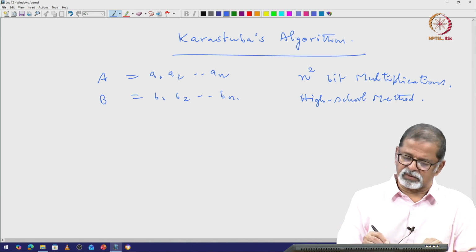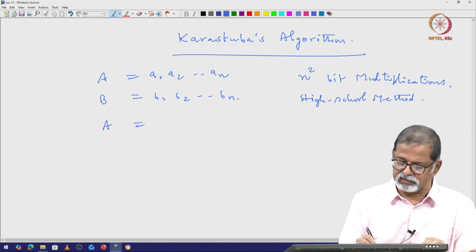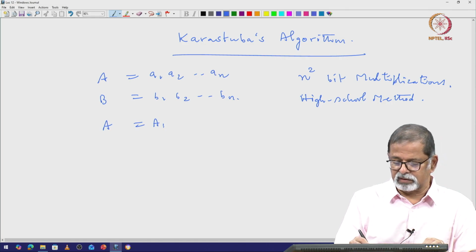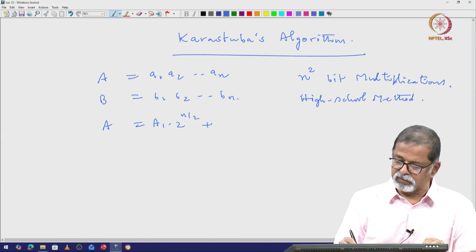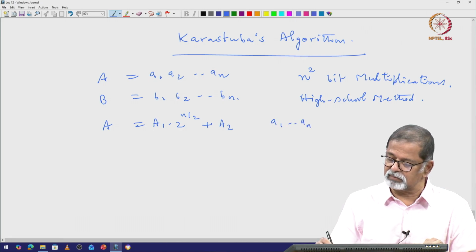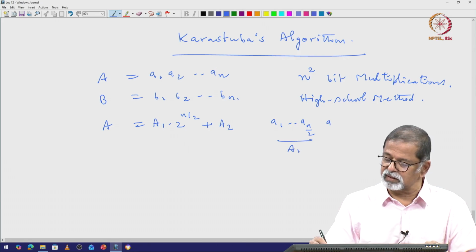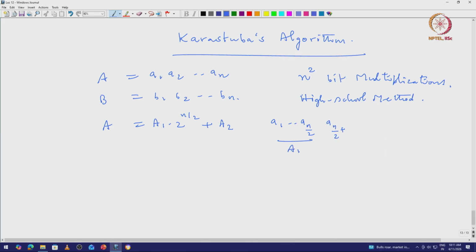Here is the divide and conquer algorithm. Split A into two parts, write A as A1 times 2 power n by 2 plus A2. Therefore, A1 will be a1 to a n by 2, and similarly a n by 2 plus 1 to a n will be your A2.